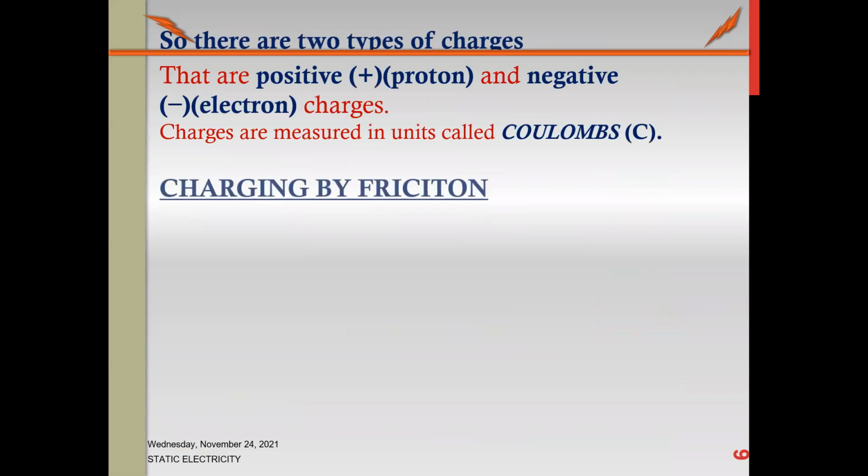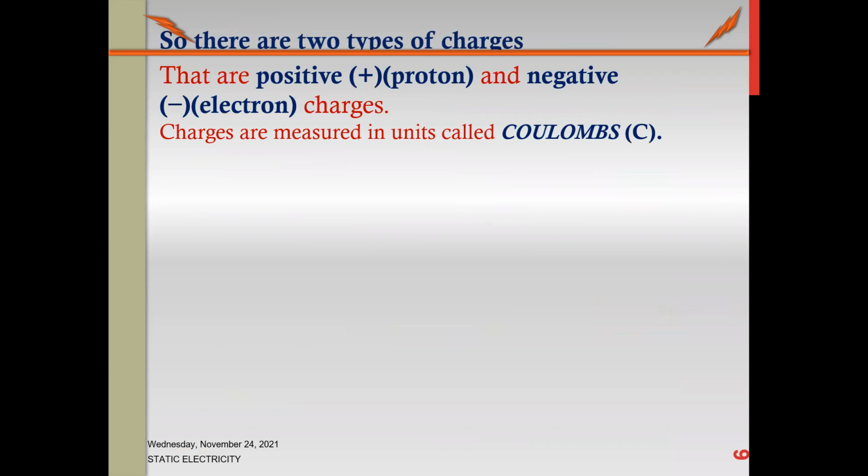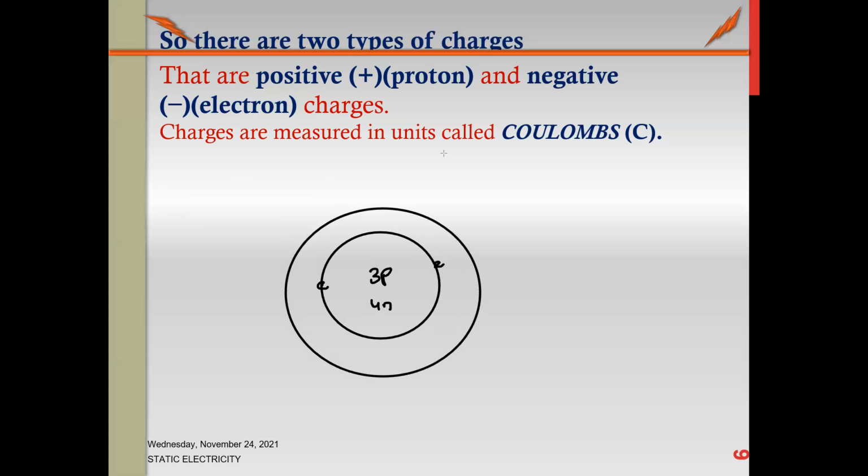And the unit of charge, when we measure the charge, is the coulomb. For example, if an atom has 3 protons, 4 neutrons, and 3 electrons, then because it has 3 protons and 3 electrons, the net or resultant charge will be 0, because protons are positive and electrons are negative.